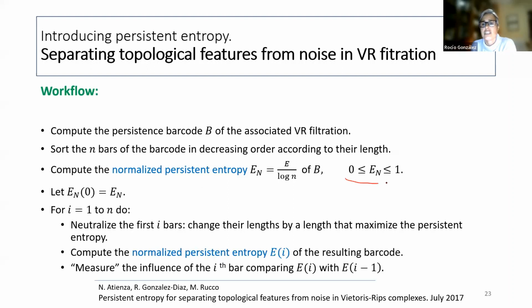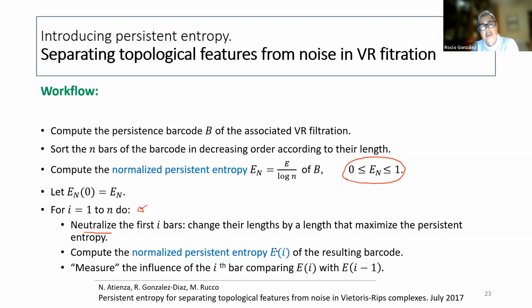We do this just to obtain a value between 0 and 1. And the key idea is that for each of the longest bars, we neutralize them in the way that we change their lengths to a length that maximizes the persistent entropy. We will see later why.